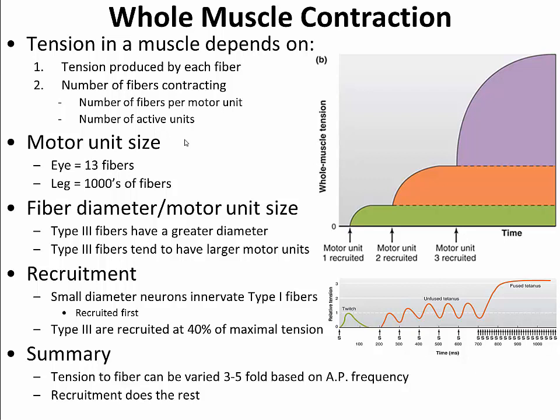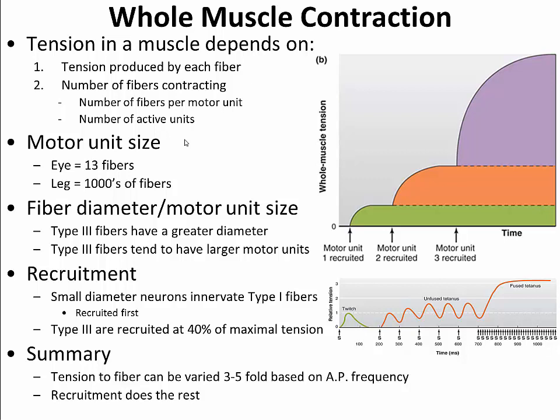We find one motor neuron connected to perhaps thousands of muscle fibers, and this allows us to activate these muscle fibers very quickly, which allows very rapid contraction of this muscle, but not precise control, as we see in the muscles of the eye where we have very small motor units.